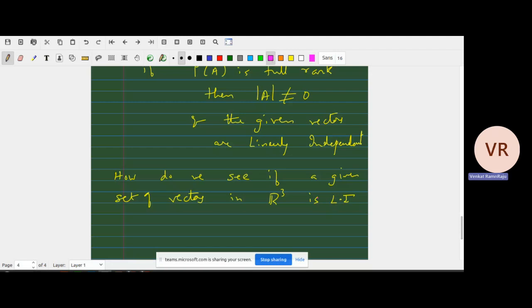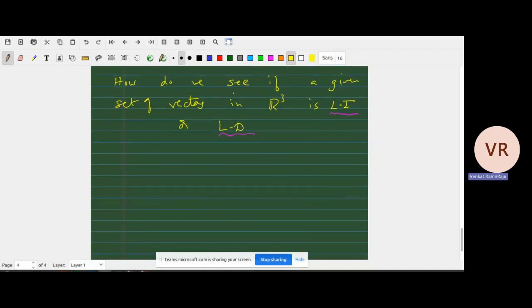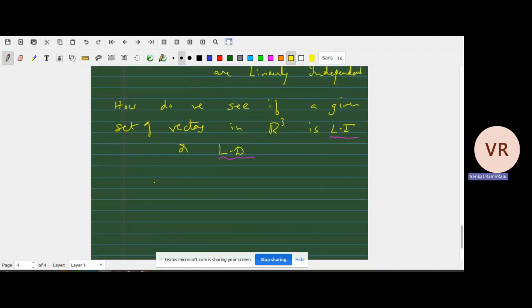This is what I've been using in class: LI for linearly independent, or LD for linearly dependent. So how does one check? Directly go by this matrix, or in other words, check the rank of the matrix formed.